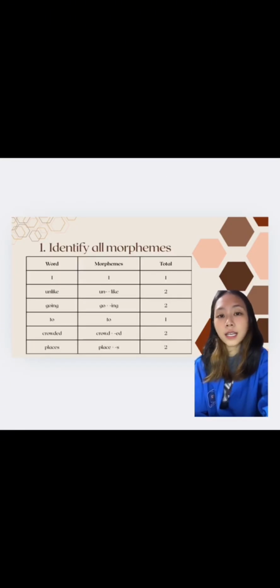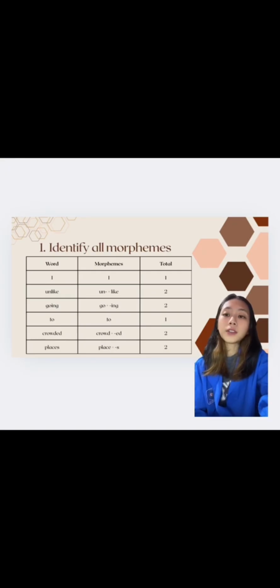So the next slide is identify all morphemes. There are many examples in this table, and I will explain it a little bit. For point, this sentence contains 16 morphemes.